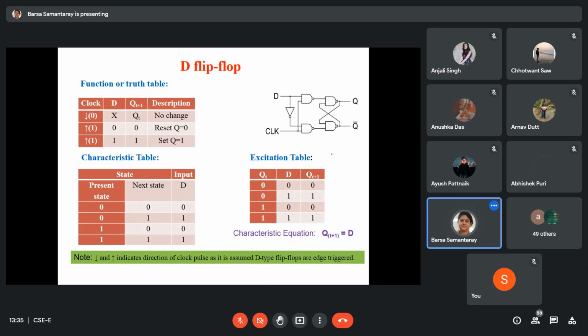One is 0, 0, another is 0, 1, another is 1, 0, and the 1, 1 condition is invalid. जो SR में 3 condition valid होता है 0, 0, 0, 1, 1, 0. अभी हम इसी SR में single input apply करेंगे. So by combining these 2 inputs, SR का 2 inputs को combine करके हम single input देंगे.